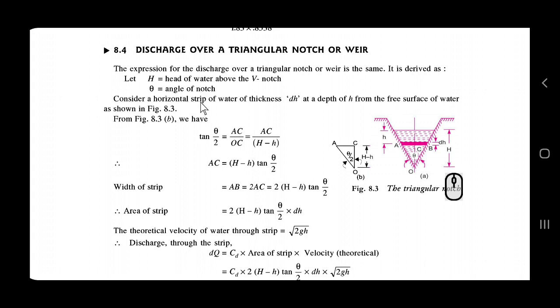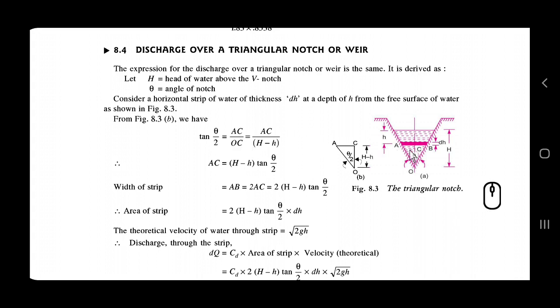Consider a horizontal strip, that we have already done in the rectangular weir also. Similarly, here also you can follow the same steps. Consider a horizontal strip of water of thickness dh, like in this figure. The angle of the V notch is theta. So from the figure we have tan theta by 2 is equal to AC by OC.